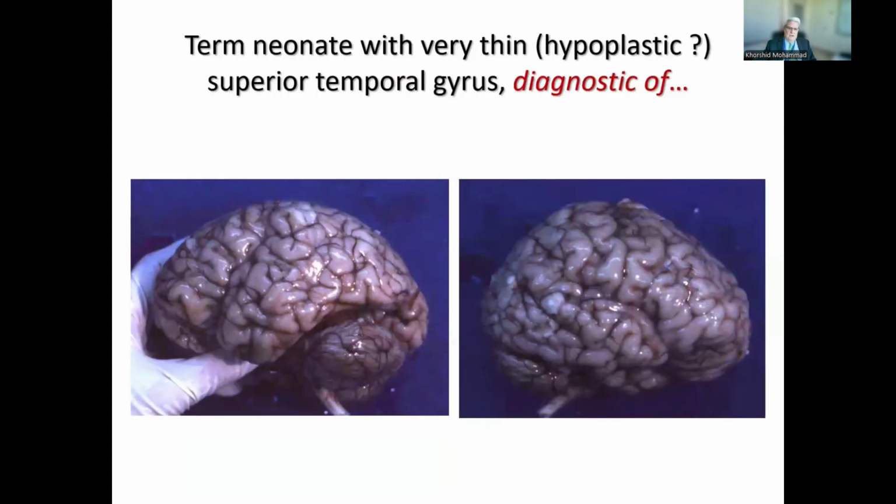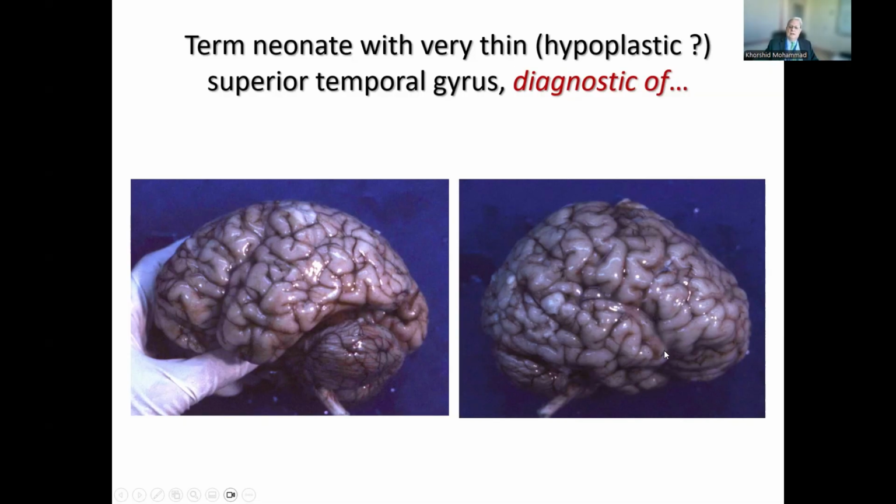Now here is a neonate with a very thin, hypoplastic-appearing superior temporal gyrus. Here's the sylvian fissure on the right. You can see it, and you can see it on the other side as well. The superior temporal gyrus looks very thin.